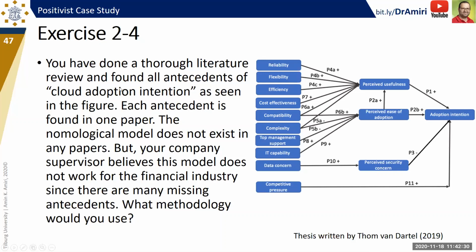So first of all, we have been able to find all antecedents of cloud adoption intention. So we don't need an exploratory case study here. Each antecedent is found in one paper.